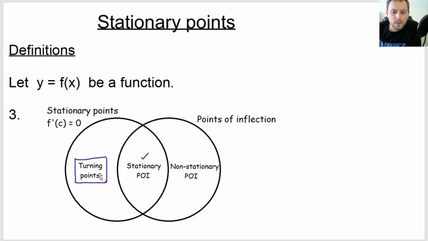So, you might like to make a little copy of this Venn diagram. This here is what we're actually doing. And in particular, it's when f dash of c is 0. Now, f dash of c being 0 doesn't guarantee a turning point, because you could have one of these, right?